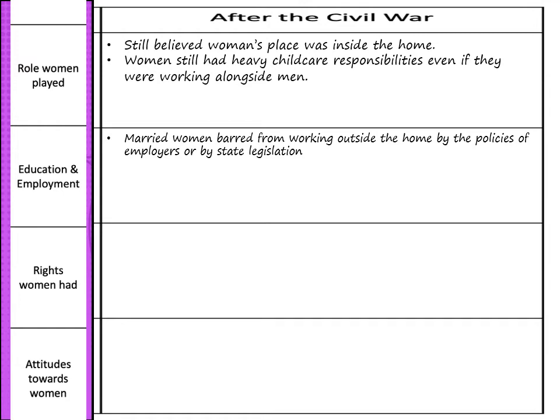Education and employment. Married women were barred from working outside the home after the Civil War by the policies of employers or by state legislation, so state laws. So again, lots of women, married women in particular, found that any freedom they gained and any employment opportunities they gained were stripped away from them.